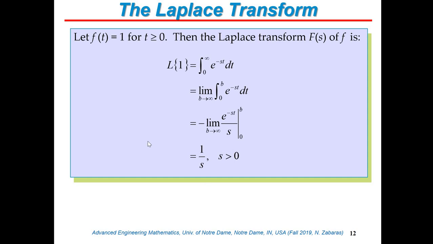So the Laplace transform of the constant function here, in particular of 1, is 1 over s for s greater than 0. Note that this is very important that s is greater than 0, because otherwise we will not be able to say that this limit of e to the minus sb as b goes to infinity is equal to 0.